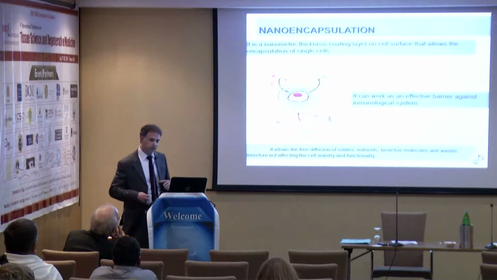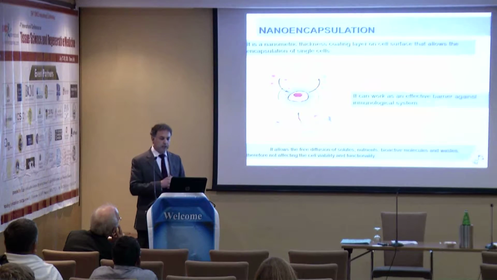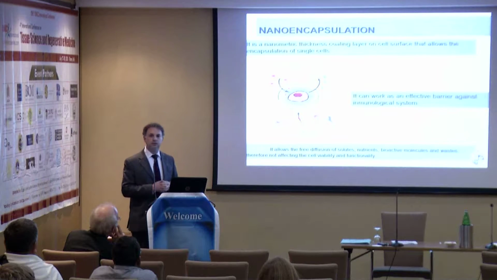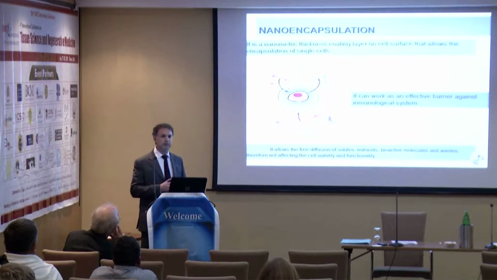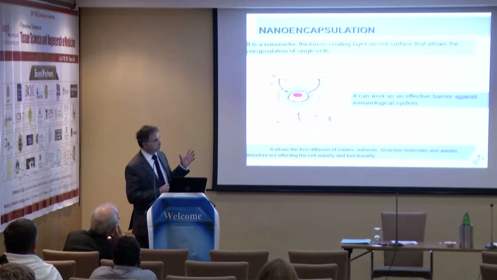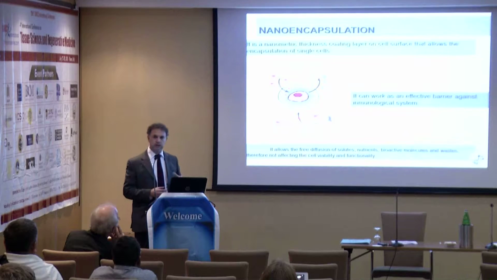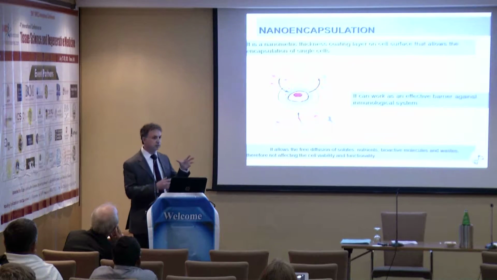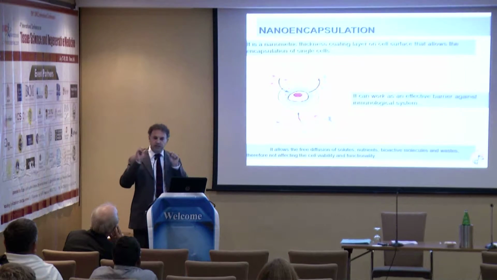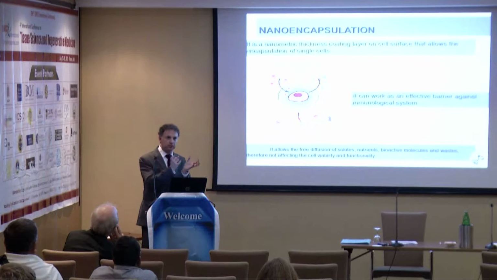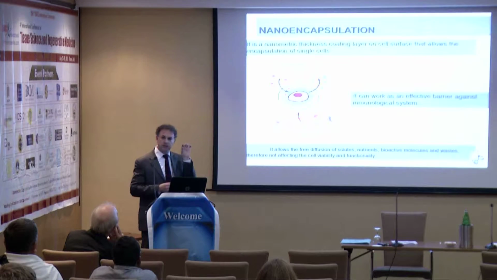Here the term nano is a little bit relative, because you work at the micrometric size scale because of the size of the cells. But it is called nanoencapsulation because the thickness of the layer that is deposited over the cell is at the nanometric scale.